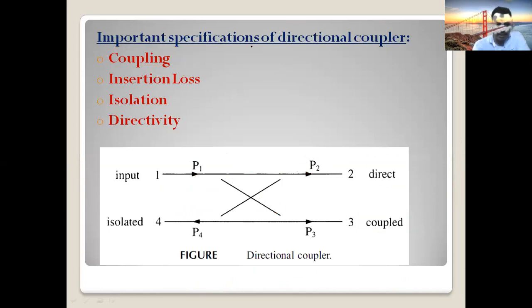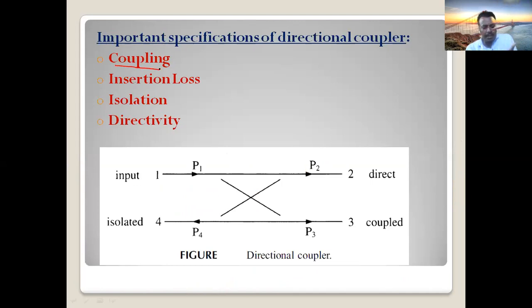Okay, so we have seen the first figure of merit or specification. Specification means what? When you buy any device, it has properties, right? You can check this, go to online markets and try to search directional couplers. You will find different directional couplers.